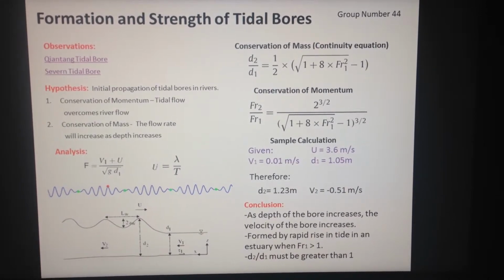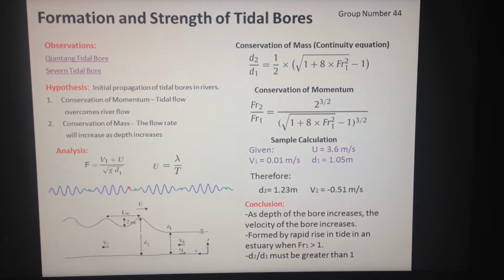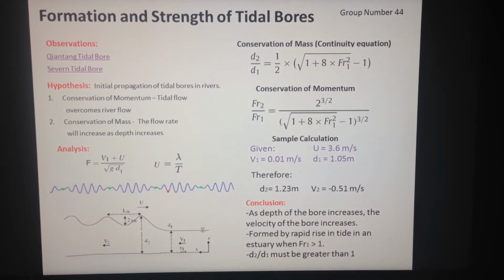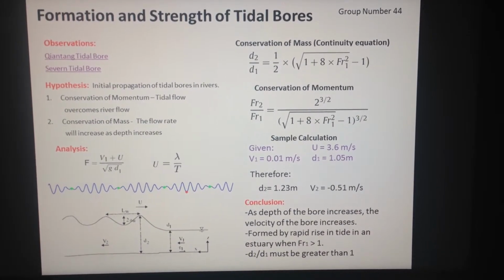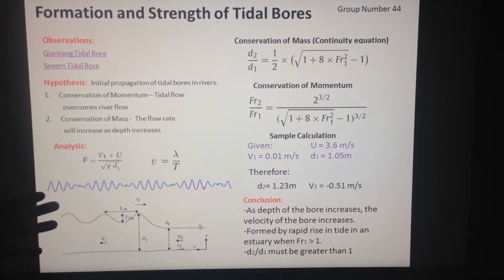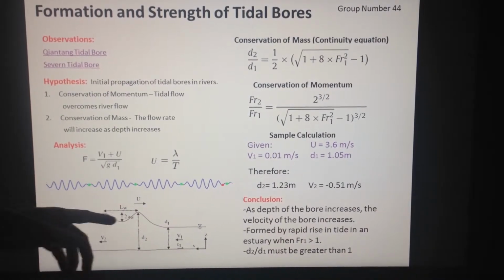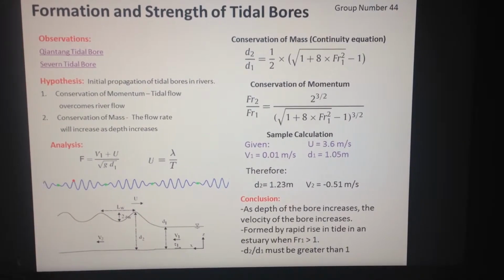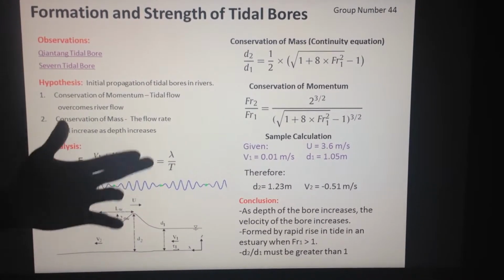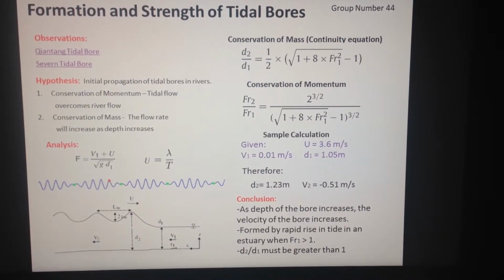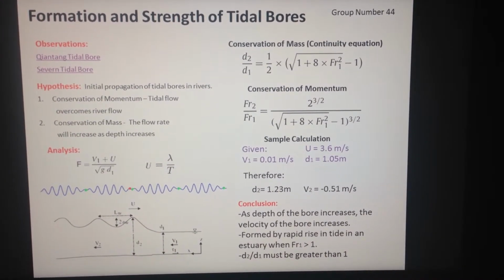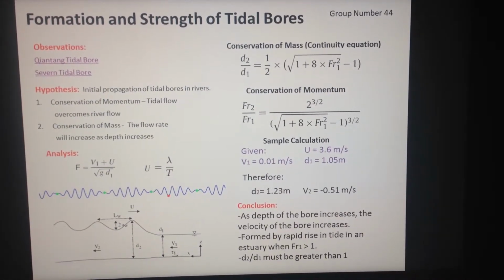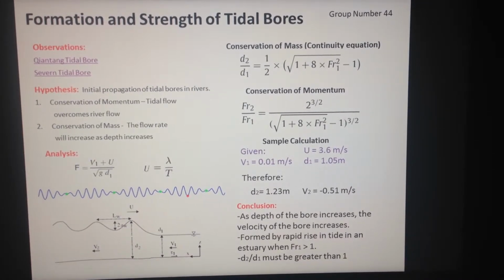So for our analysis, we used the Froude number, and here we have the velocity of the river initially, which we can measure on any given day, and then we have the propagation upstream, which is denoted by this red dot in the image here, and that we can measure by placing a marker and measuring how fast it moves relative to the riverbank, and then we divide that by the square root of gravity and the depth of the river, which we can measure again at any given time before a bore occurs.